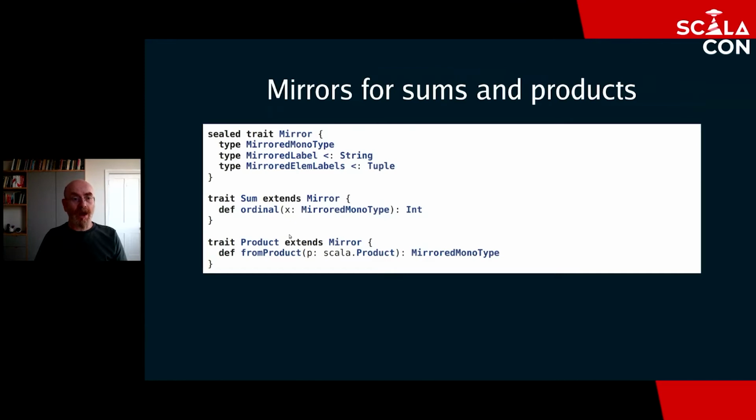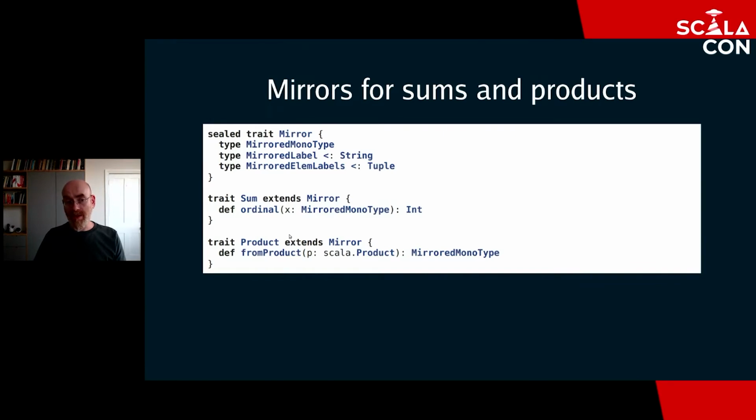The hierarchy of mirrors splits into two, depending on whether we're looking at a product type or a sum type. So a sealed trait, a sum, a case class for a product. The primitive term level operations we have here are an operation which allows us, given an element of, say, a sealed trait, to decide which of the distinct case class subtypes of that sealed trait or enum we're looking at.